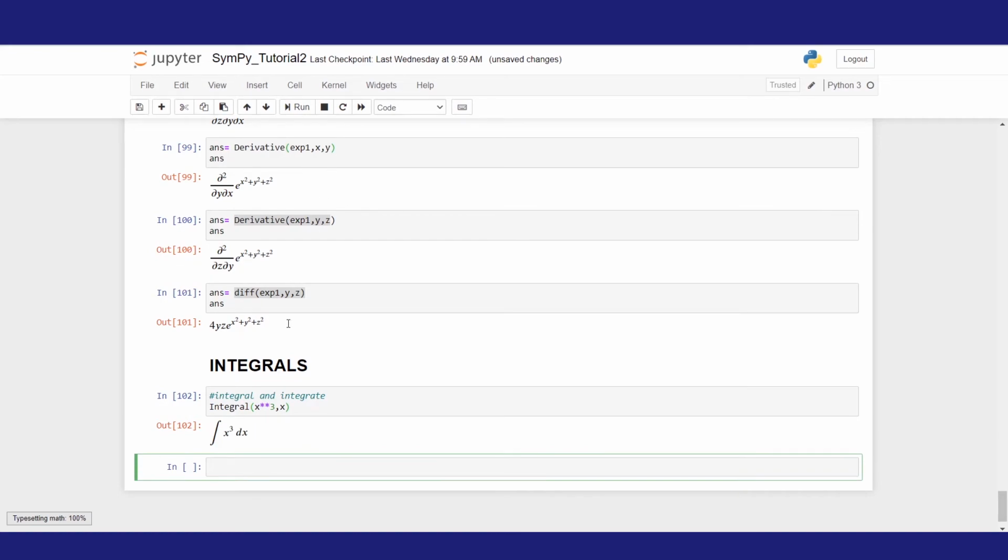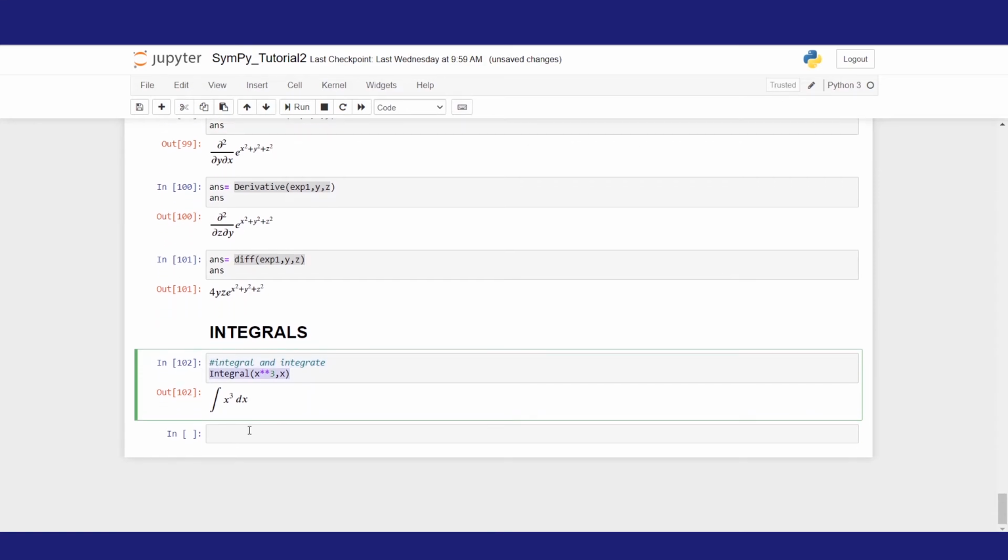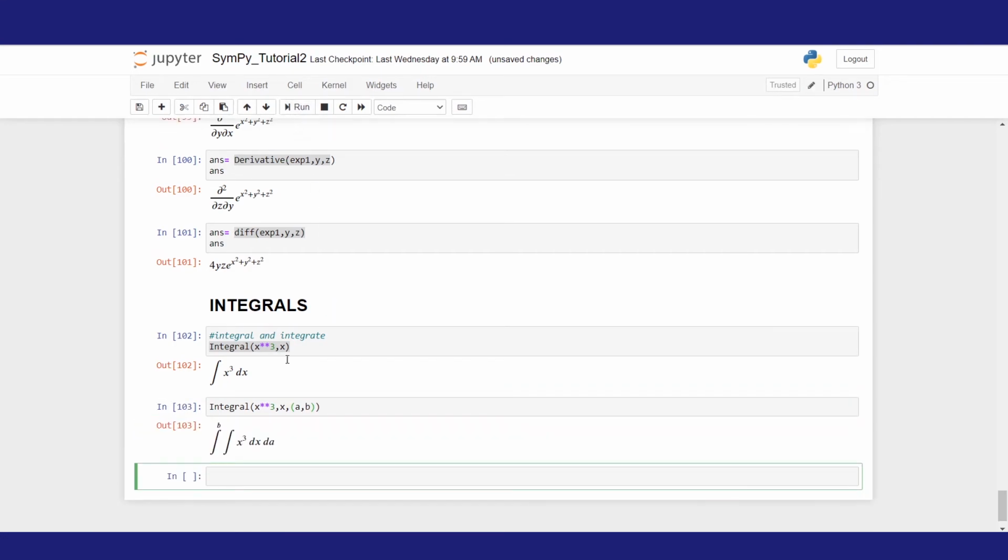If I run that, this is what I'll get: integral of x cubed dx. If I wanted to have that with limits, I would write it this way, but then I need to specify the upper limit and the lower limit. Let's say we have a and then we have b.